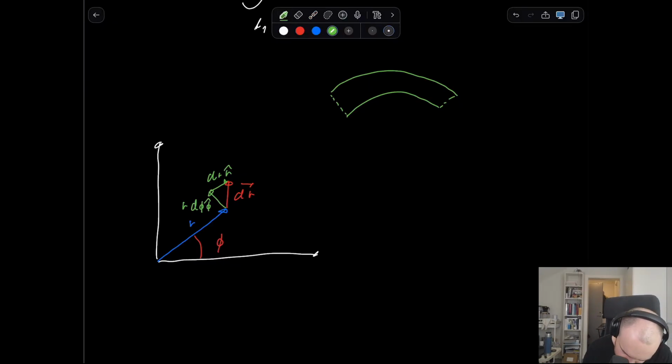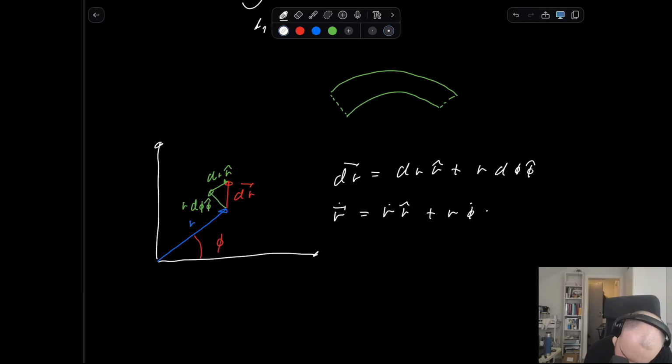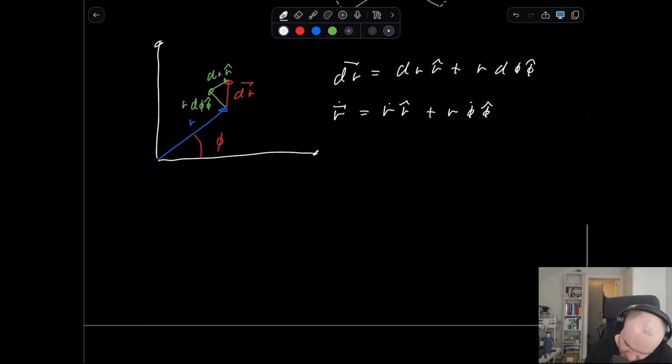Okay, then I can pretty simply write the dr vector is just dr r hat plus r d phi in the phi hat direction. Now I can just divide by dt, then I get r dot vector is equal to r dot in the r hat direction plus r phi dot in the phi hat direction. Pretty easy. We need this because we of course need it for the kinetic energy.